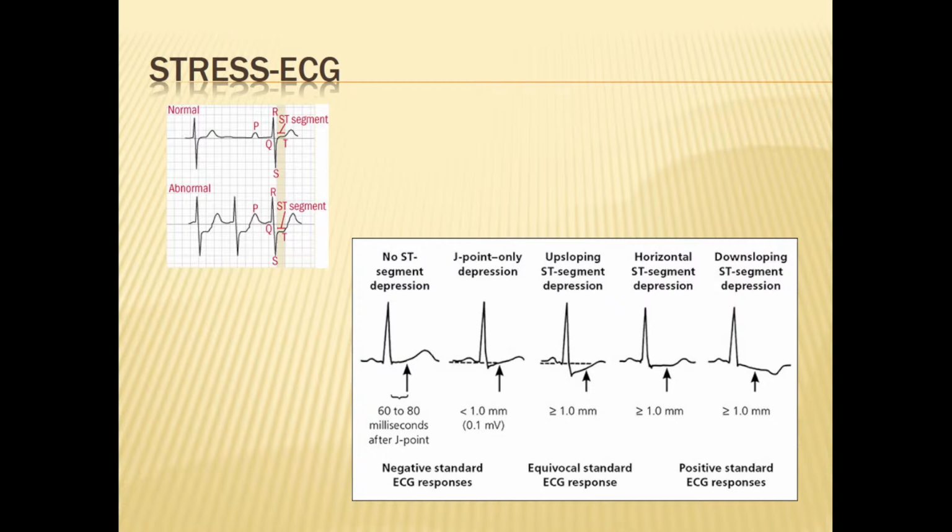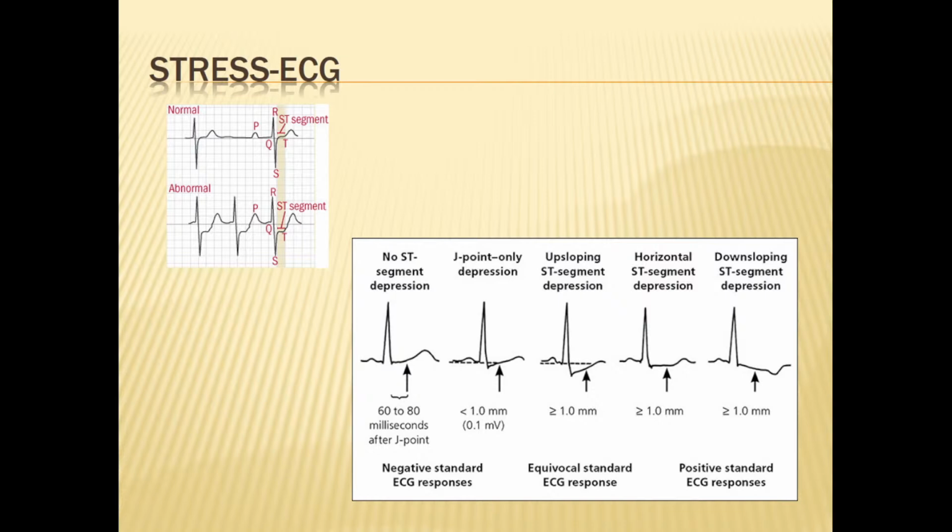ST segment depression may be upsloping, downsloping, or horizontal. Horizontal depression of more than 1 millimeter and downsloping ST segment depression are typical for an angina attack.